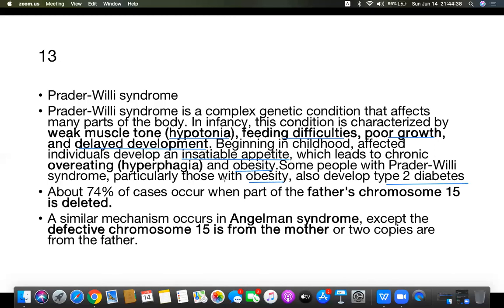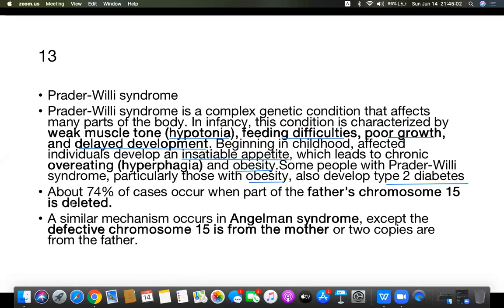Now, they are mentally retarded also, and they have the problem of infertility as well. So obesity, mental retardation, type 2 diabetes, infertility, delayed development during childhood, hypotonia and all those things: Prader-Willi syndrome.